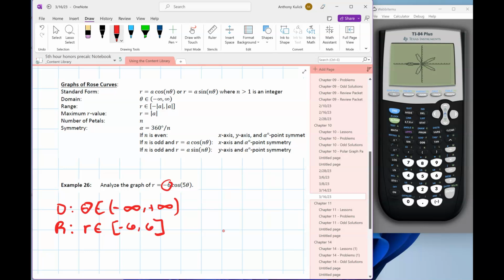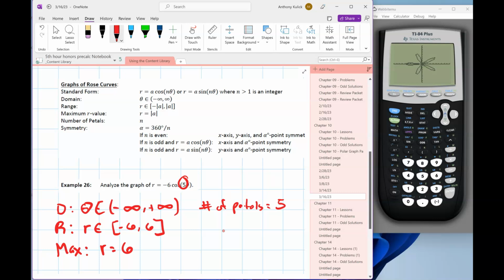So far, so good. What's the maximum value? Well, obviously 6, right? It's the top of the range. How many petals should we have? 5, which matches what I see in my picture, right?